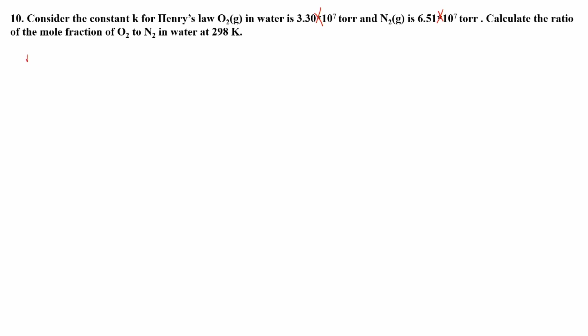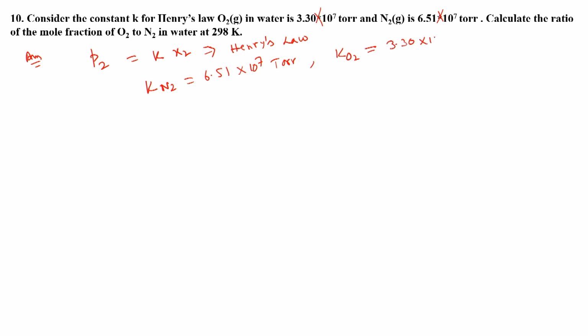So we know P2 is K times X2, right? This is Henry's law. Now KN2 is given, KN2 is 6.51 times 10 to the 7 torr, and KO2 is also given, 3.30 times 10 to the 7 torr.